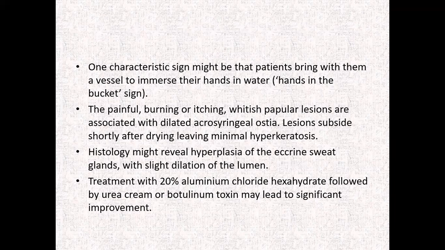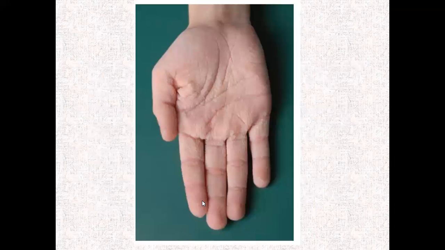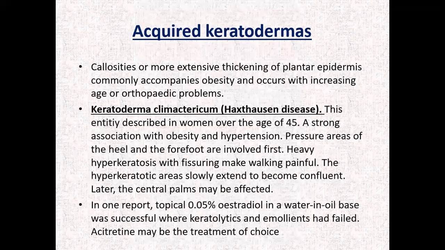The lesions subside shortly after drying, leaving minimal hyperkeratosis. Histology shows dilation of eccrine sweat glands. Treatment is by reduction of sweating by use of 20% aluminum chloride hexahydrate, and botulinum toxin may also result in improvement. So you can see this swelling of the palmar skin on immersion in water.